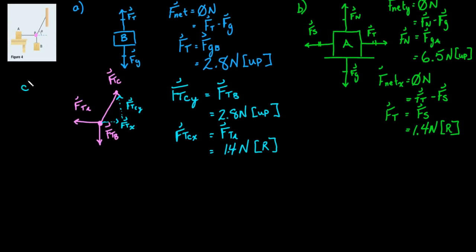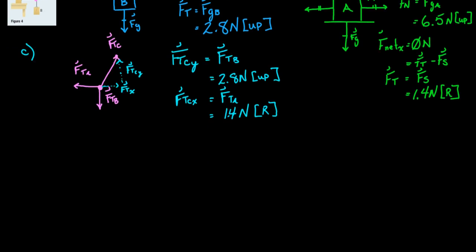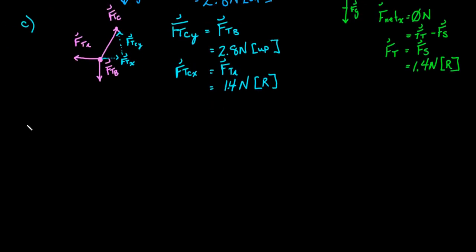Okay, now that you have your x and your y, it's putting it back together the same way we always have. Okay, so to find that total force, the magnitude of that force is going to be the x component squared plus that y component squared. Okay.